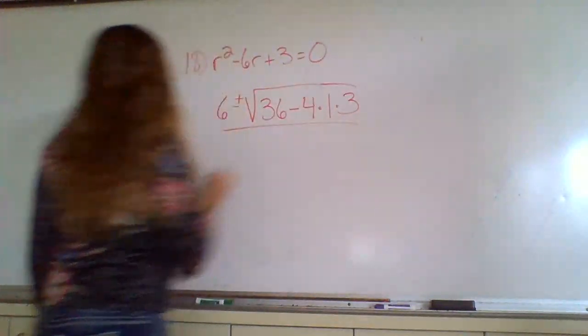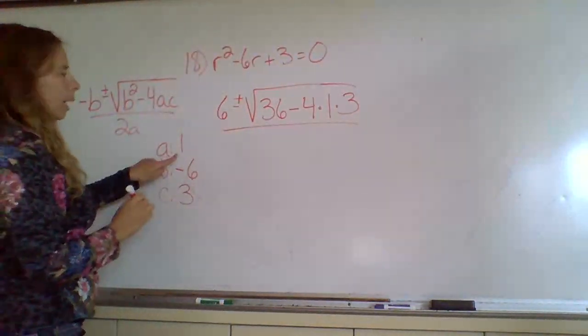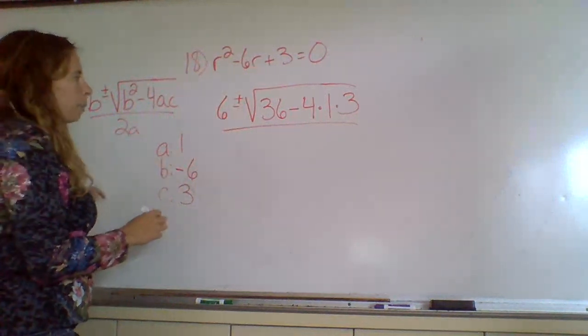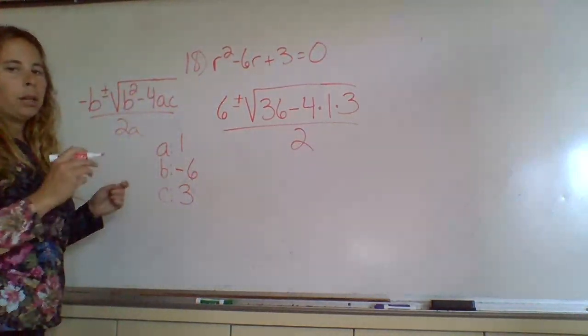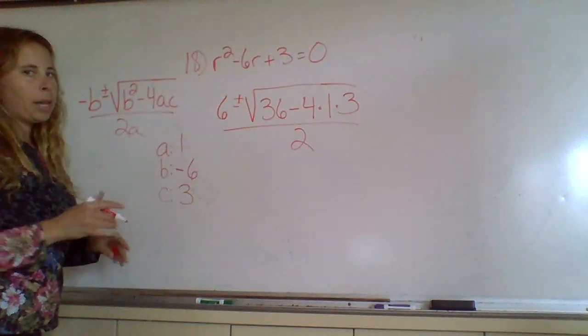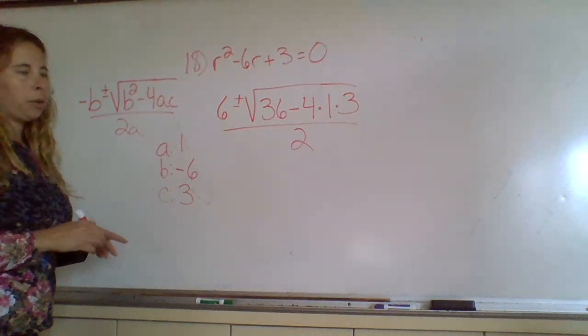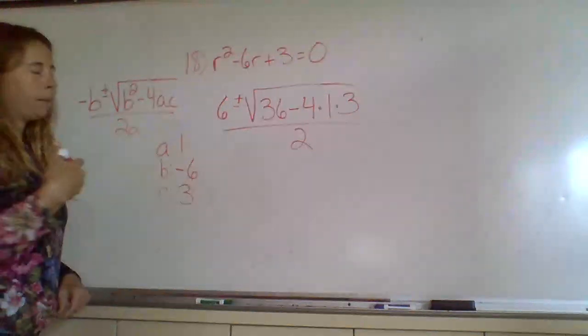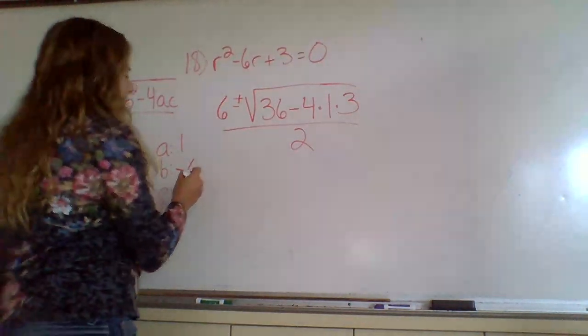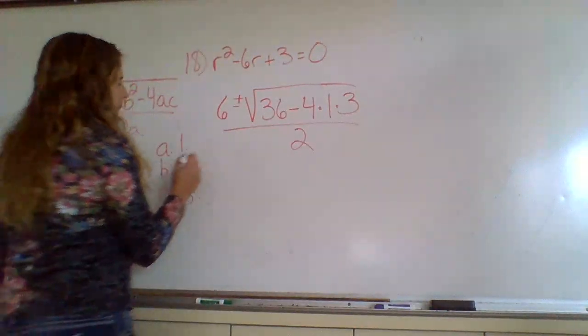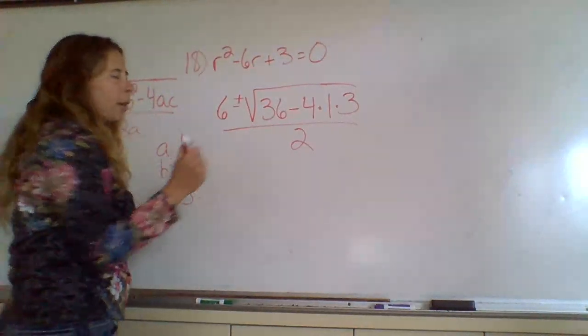All over 2 times a, and it is 1. So 2 times 1, which is 2. Okay. Well, I didn't say this. Make sure you pause me and try this first, right? You're trying this by yourself before you come to me. Alrighty. Better be trying it by yourself.